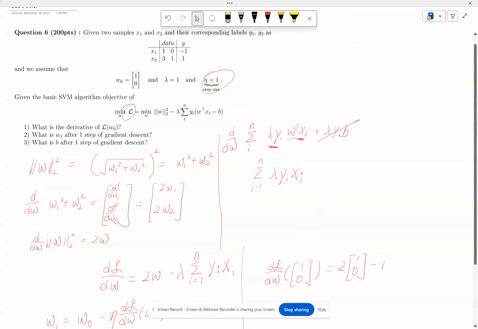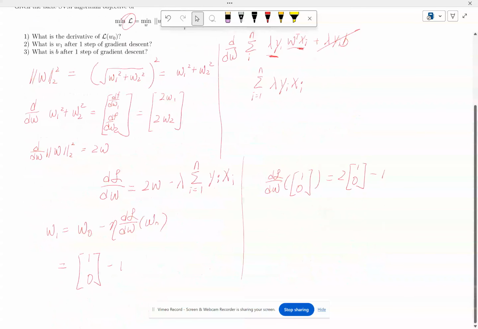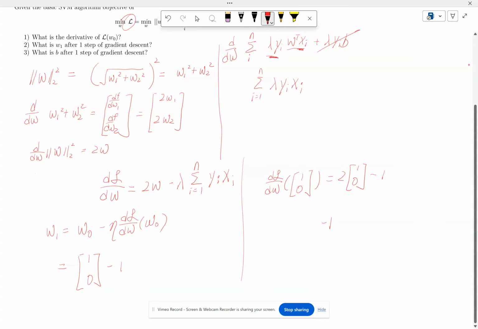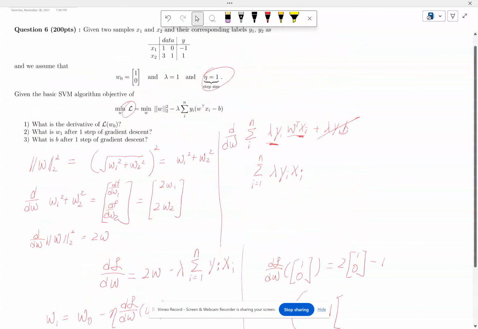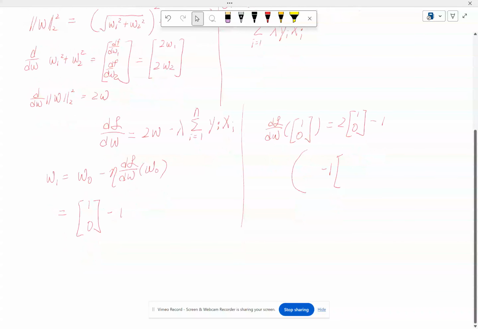So what's y1? y1 is minus 1 times x1, and x1 is 1, 0.